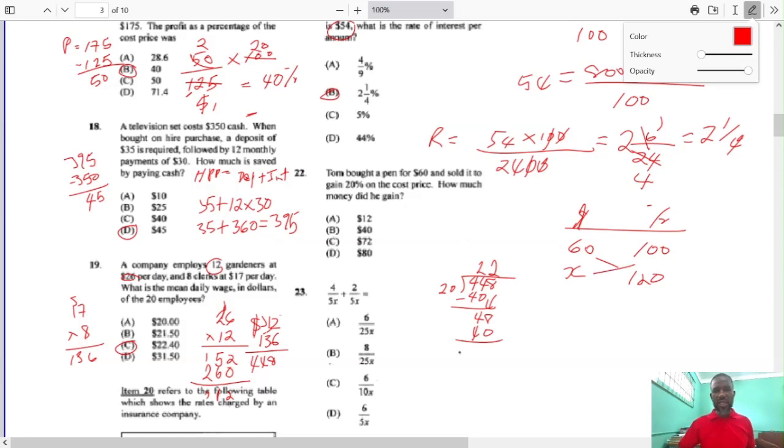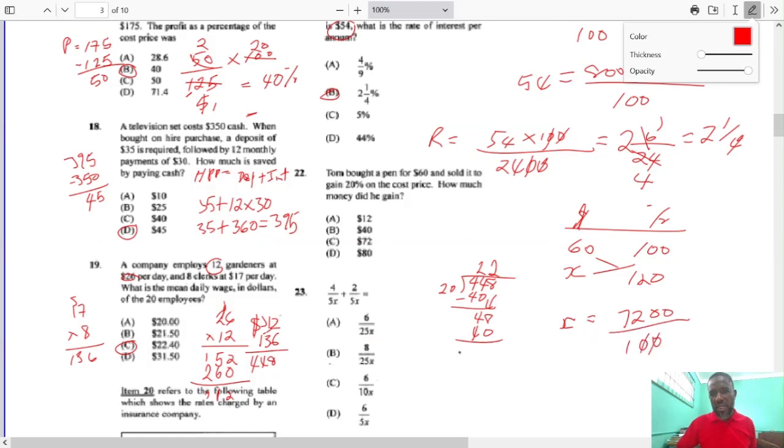what are we going to get? We know that X is going to be equal to 60 times 120. We will get 6 times 12 will give us 72, right? So we have 72 divided by 100.